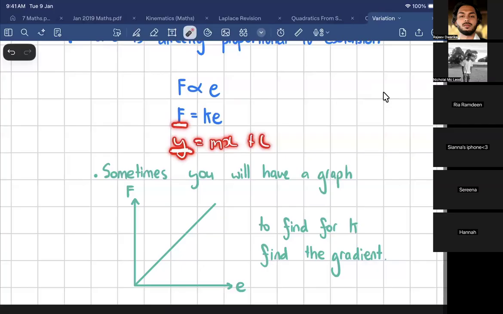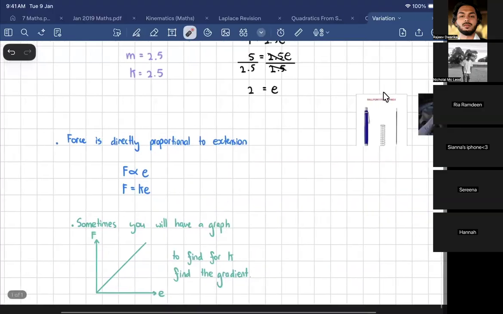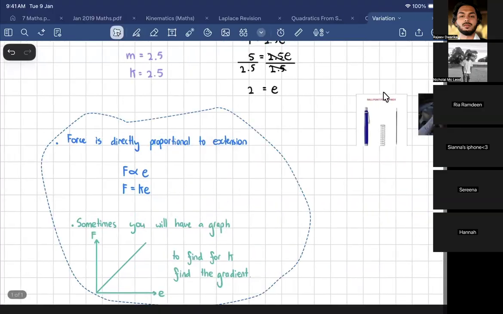Yes, sir. And x is E. Are you seeing that represented here, like F on the y axis and E on the x axis? Yes, sir. And therefore, the gradient would give you what? The gradient will give you m. Perfect. Nice.